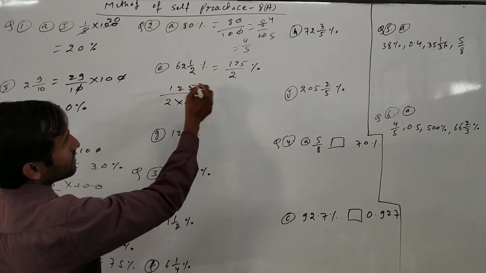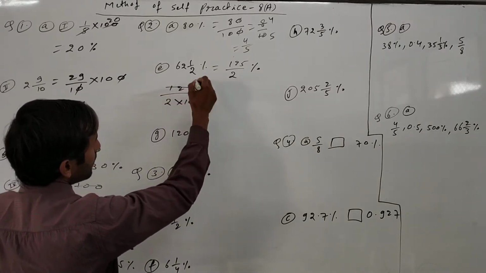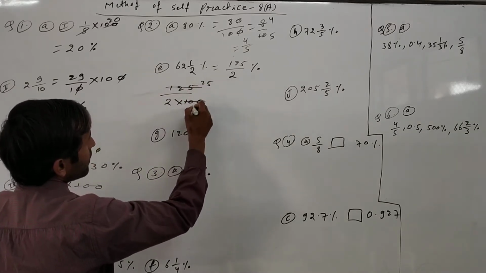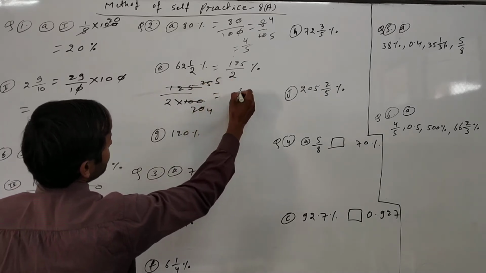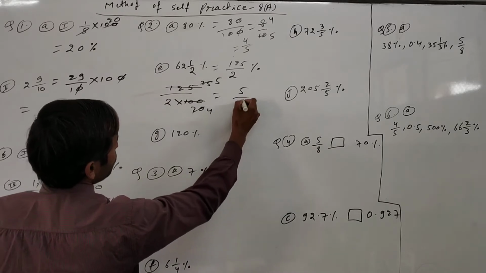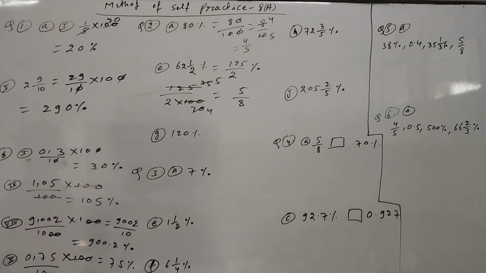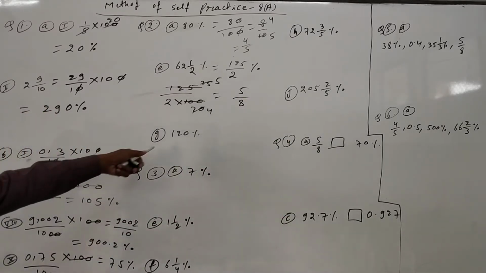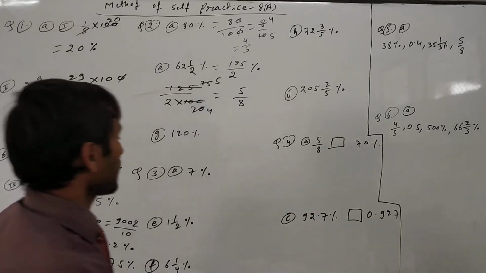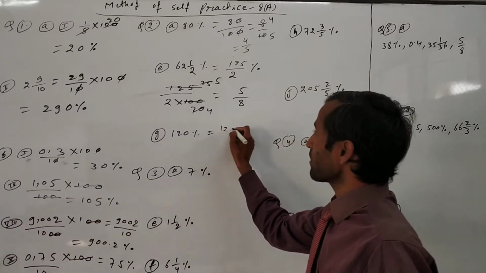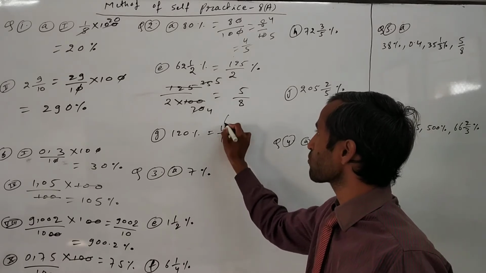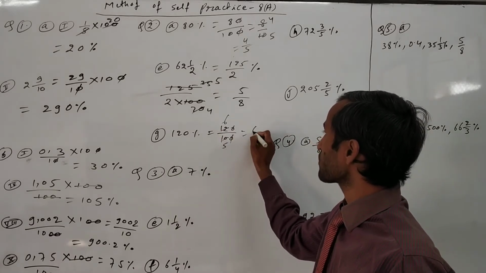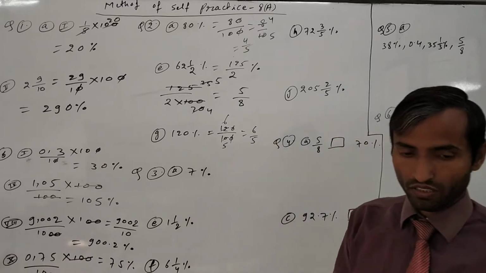After that we will cancel out here. So just cancel by 25, and then 5 and 4 5 it will come 5 upon 8. So 5 upon 8, this is the simplest fraction. Okay. Now in the G part also same like this. So 120 upon 100 we will write, 0 will cancel, then 6 2 and 5 2, it will come 6 upon 5. This is the simplest fraction.